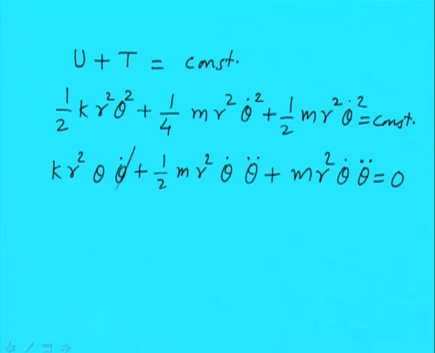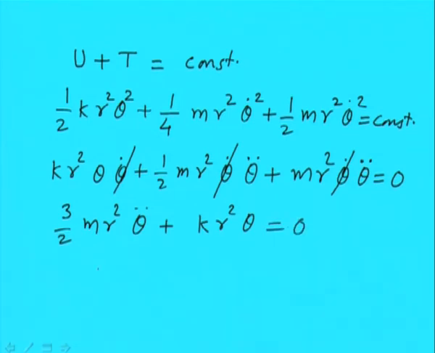You can see this quantity is common, we can eliminate that. Also, these two quantities can be combined. So, this will give us 3 by 2 m r square theta double dot plus k r square theta is equal to 0.